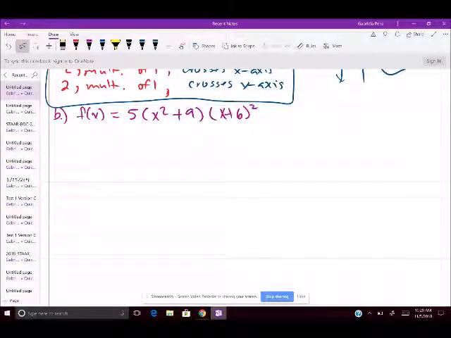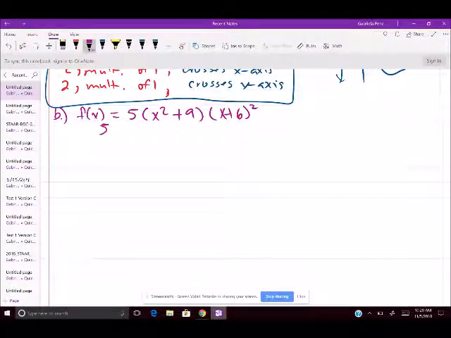Now, is everything already factored out? Is there a difference of squares? What's in between the x squared and the 9? It's a plus. So is there a difference of squares? No. So everything's already factored out.